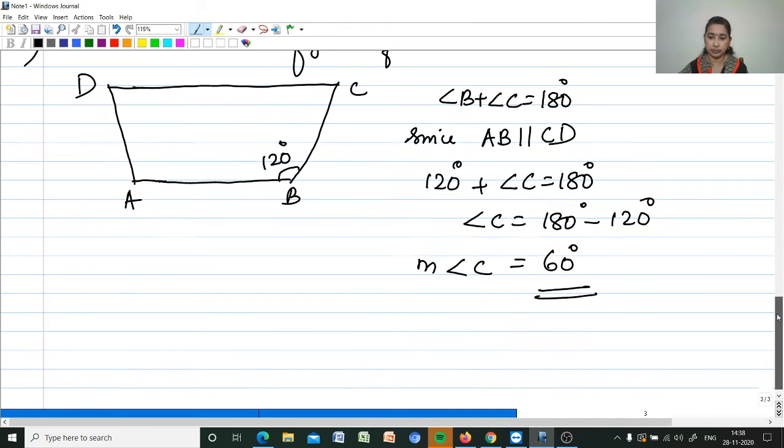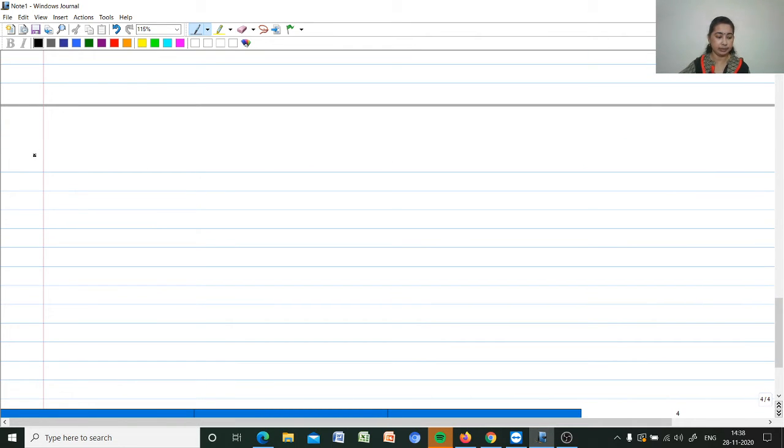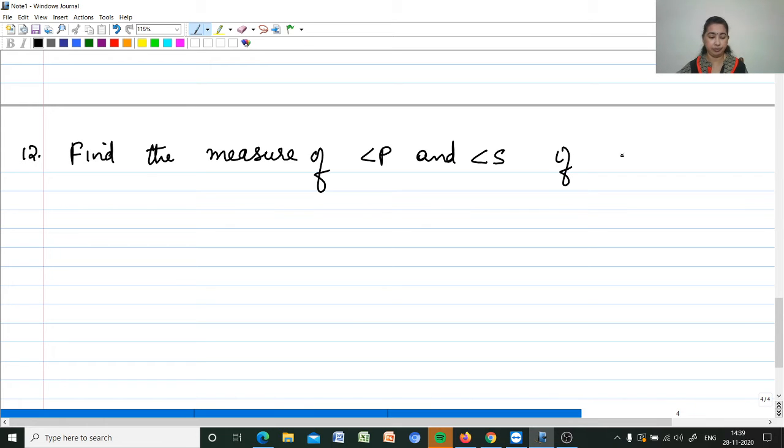Now next one. The next question is question number 12. Find the measure of angle P and angle S if SP is parallel to RQ.